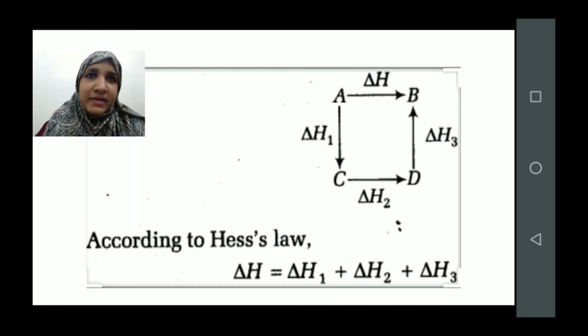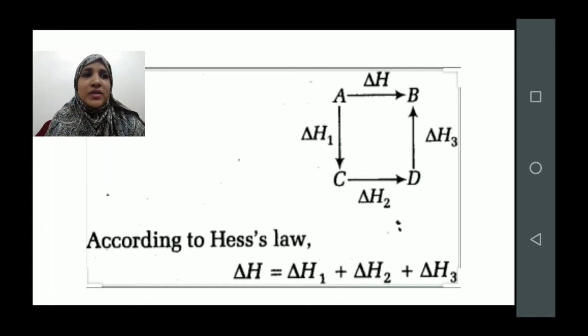One is where A converts directly to B, and the other is where A first converts to C and D and then reaches B. Here you will find that the delta H of this reaction is the same: delta H is equal to the sum of delta H1, delta H2 and delta H3. This is the Hess's law cycle to explain what is meant by Hess's law.